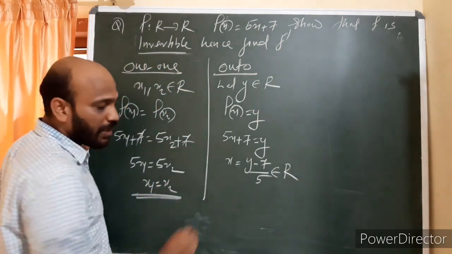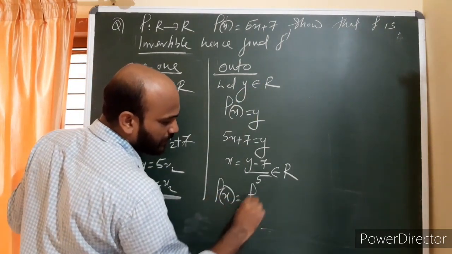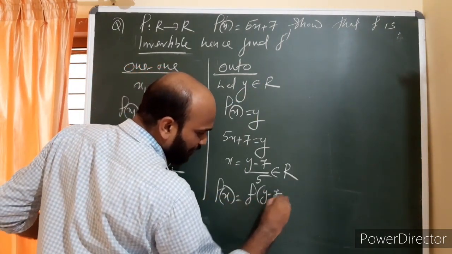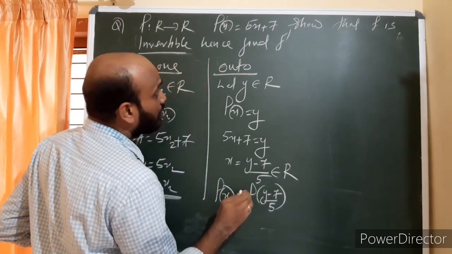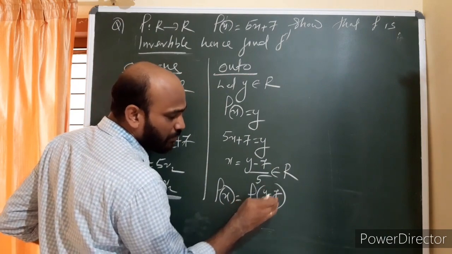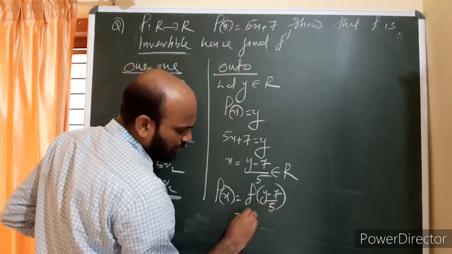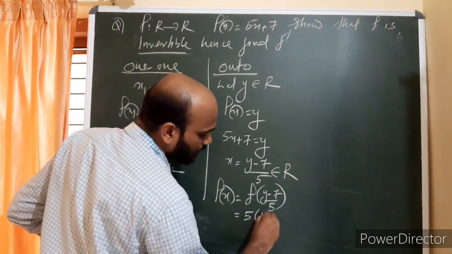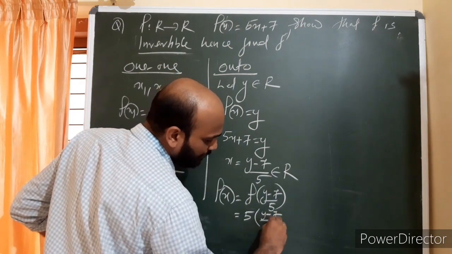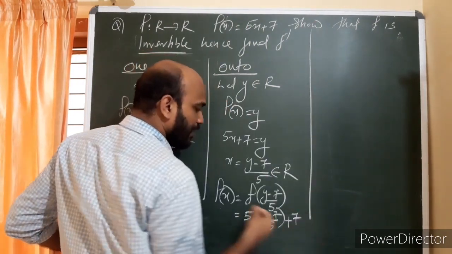Now we want to show that the image of X equals Y. For that, you have to find F of X, that means F of (Y minus 7) by 5. You have to substitute (Y minus 7) by 5 in place of X in this equation. I think you know how to find the value. So 5 into (Y minus 7) by 5 plus 7. Remaining I will write here.